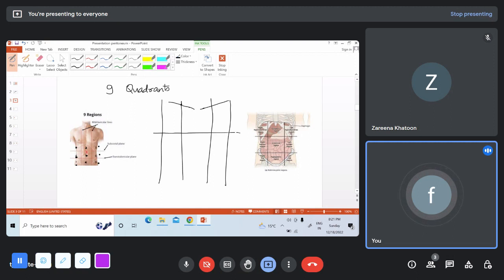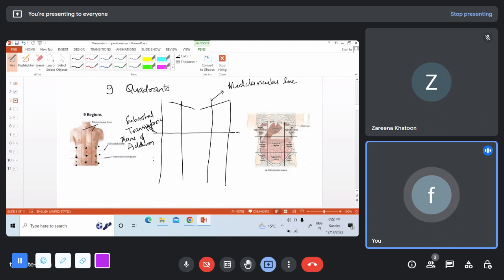This line is called as subcostal plane, or transpyloric plane, or this is also called as plane of addition. All right. These vertical lines were the mid clavicular line, which is homologous to the mammary lines.